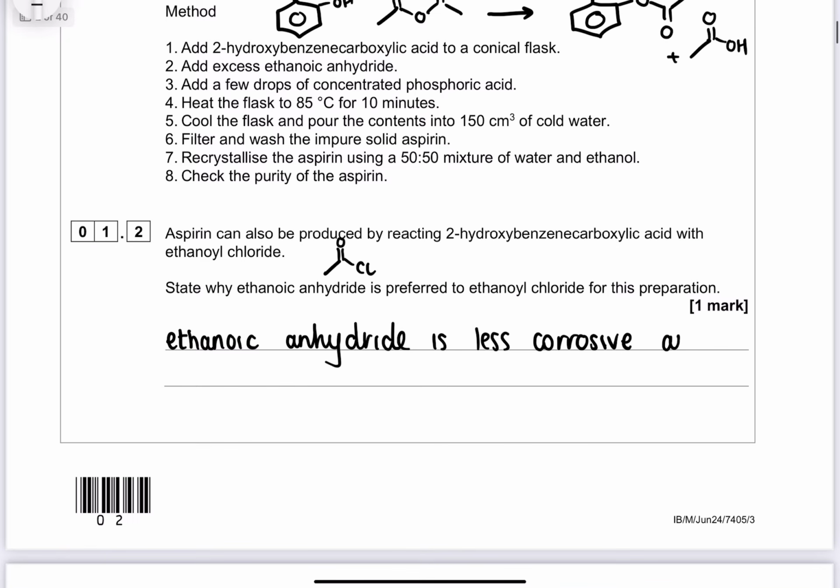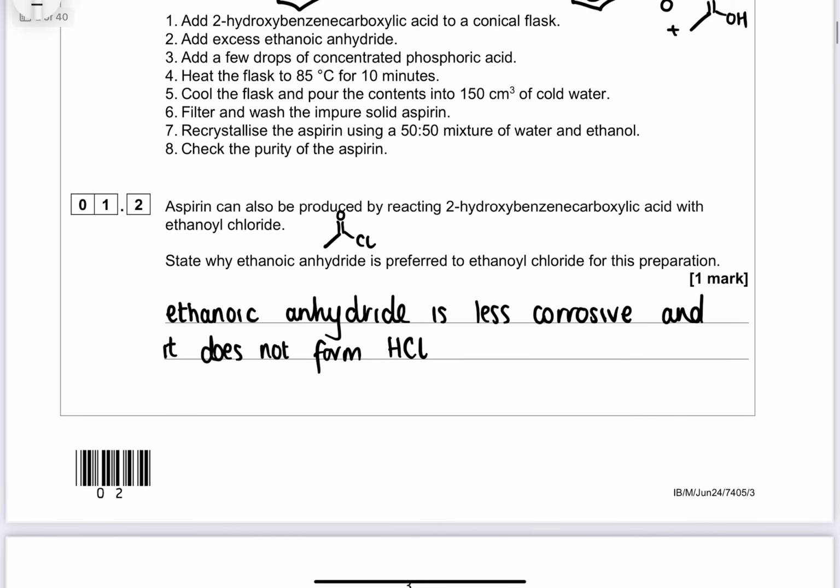And it does not form HCl in the reaction. HCl is a strong acid. We wouldn't want to form that in our reaction. It's forming a weak acid instead.